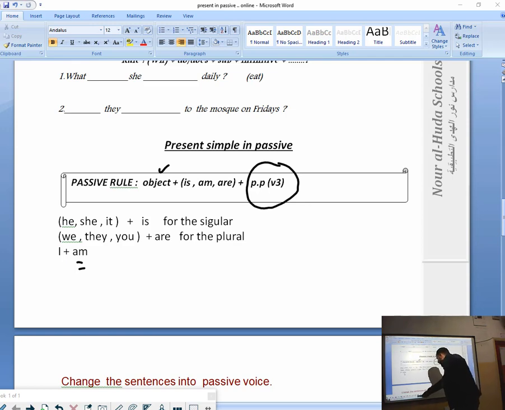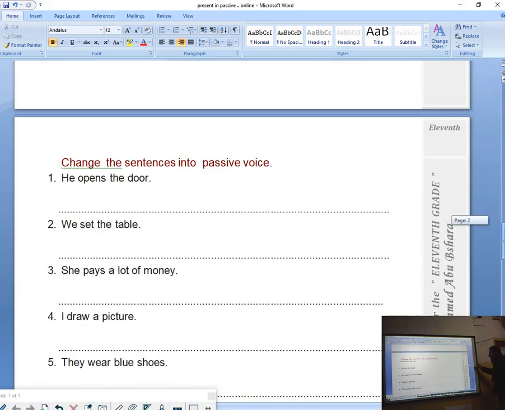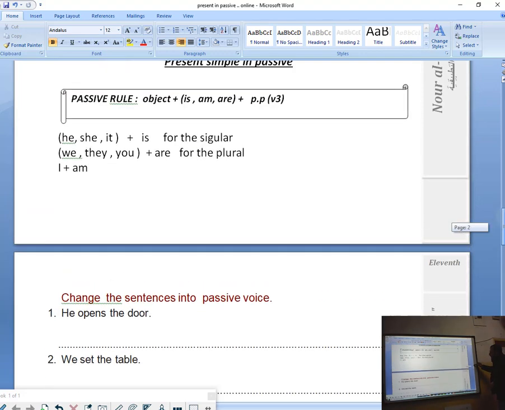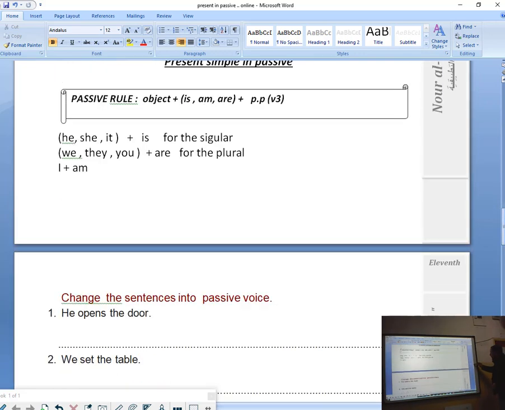Now, we are going to have some examples about passive. Okay, I have some sentences, and I want to change these sentences into passive.